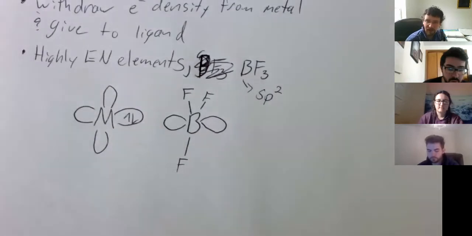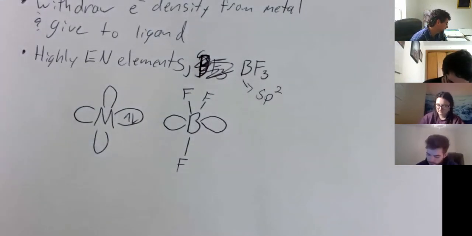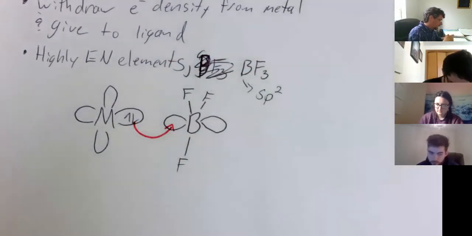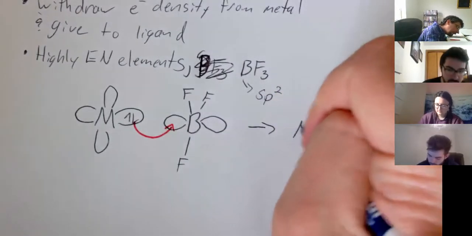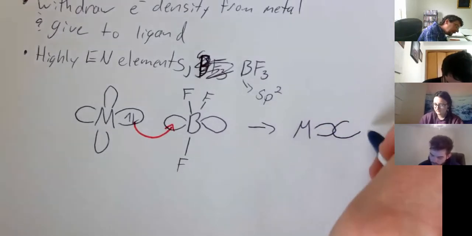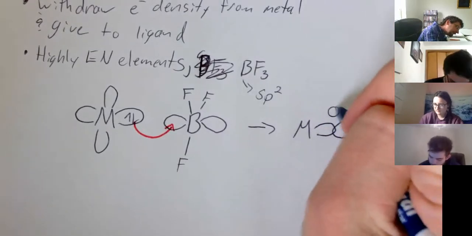Okay, tell me what's going to happen. The electrons will flow to that empty space. So electrons flow there. And then we get a sigma bond between those two.